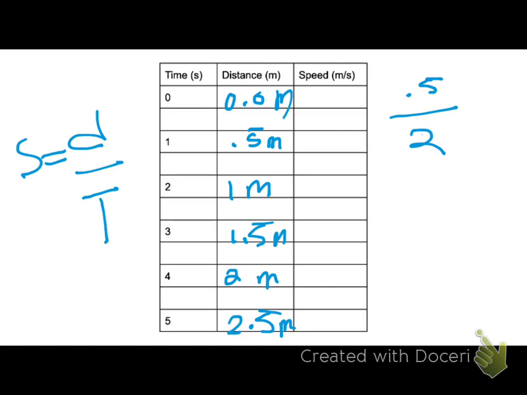So 0.25 meters per second was our speed, which makes sense, right? Every second we went a quarter of a meter. It took us 2 seconds to go half a meter, so makes sense.